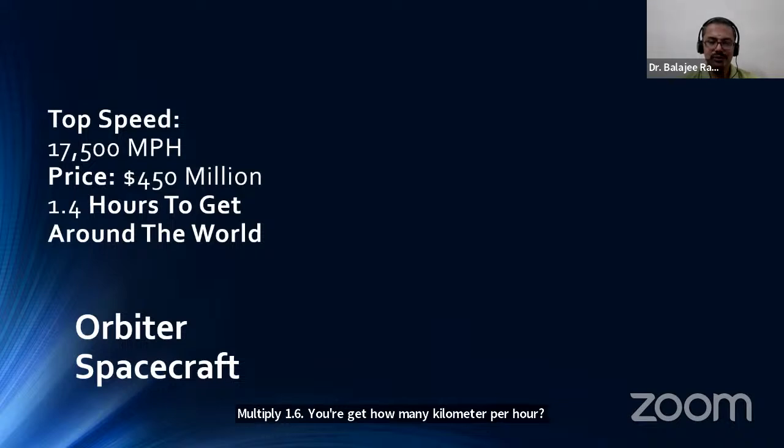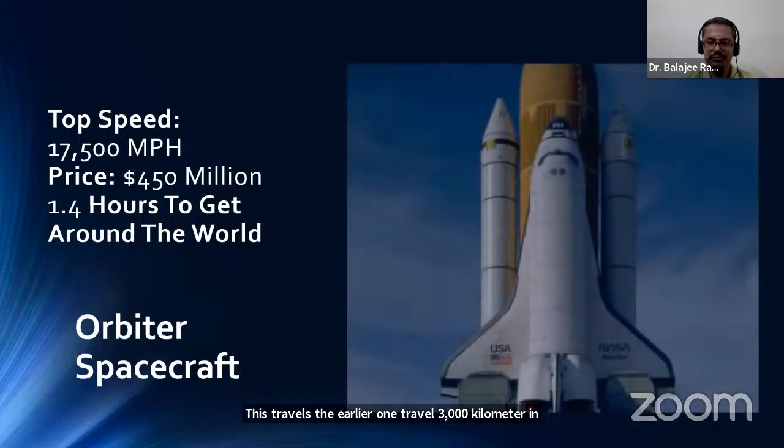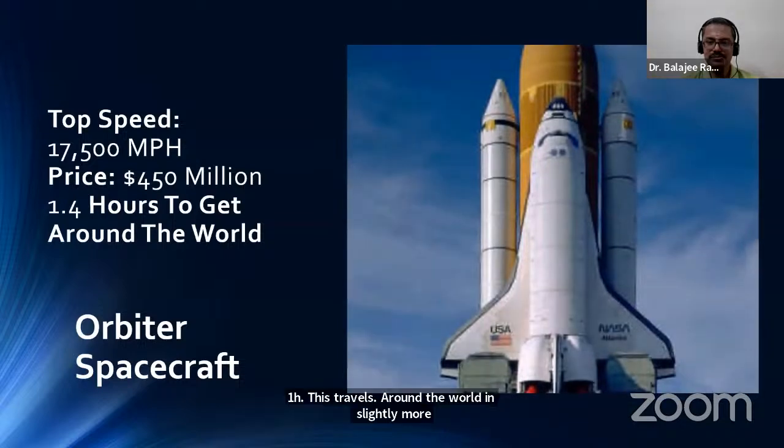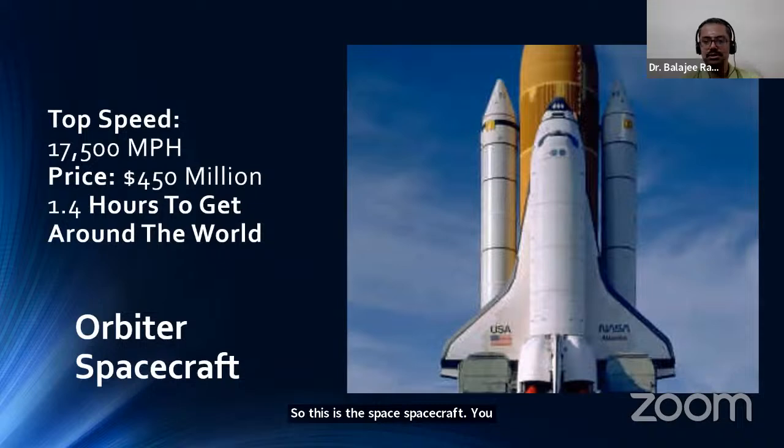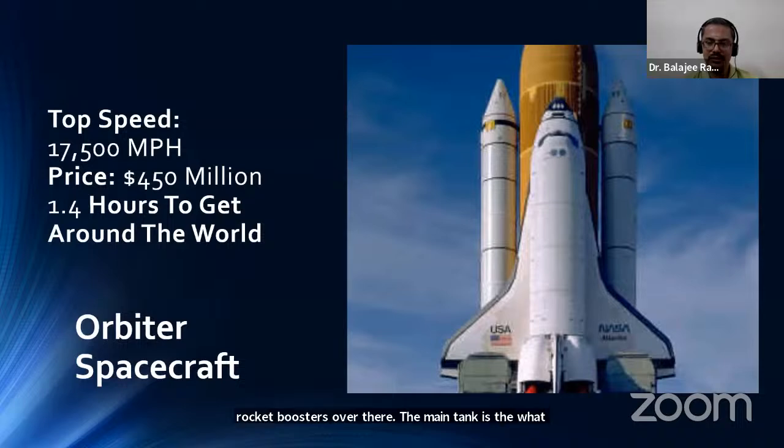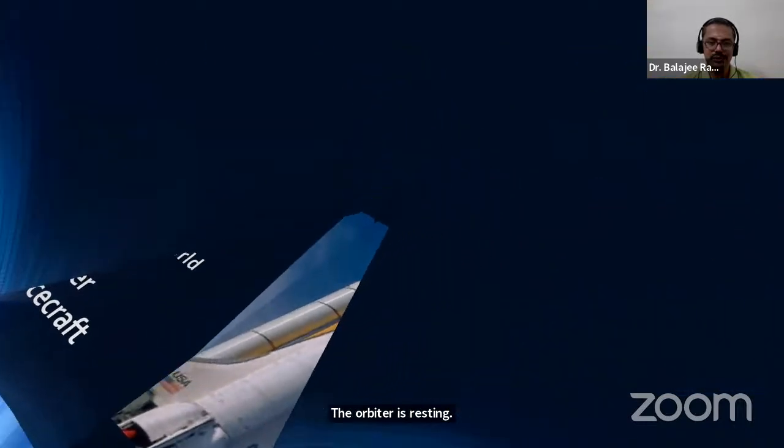It goes around the world in 1.4 hours. The earlier one traveled 3,000 kilometers in 1 hour; this travels around the world in slightly more than an hour. You see it tied to rocket boosters. The main tank is what you see in brown color, and on top of it, the orbiter is resting.